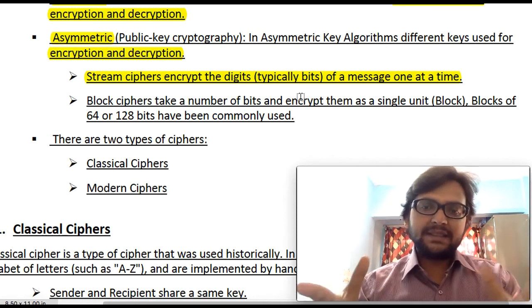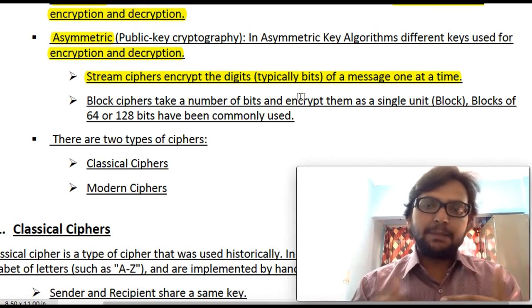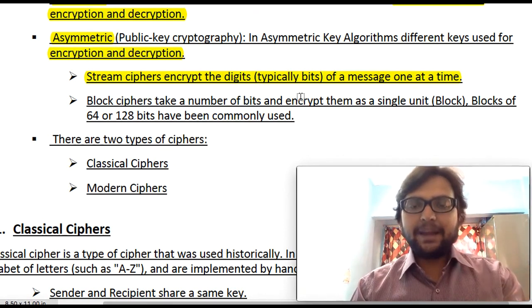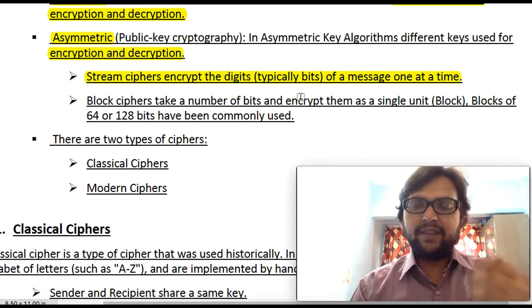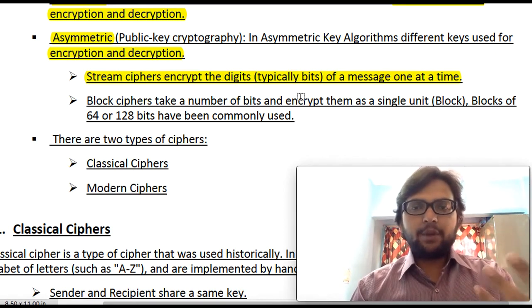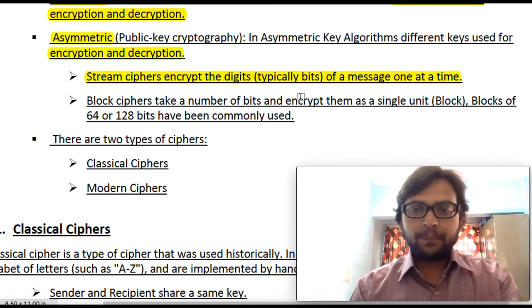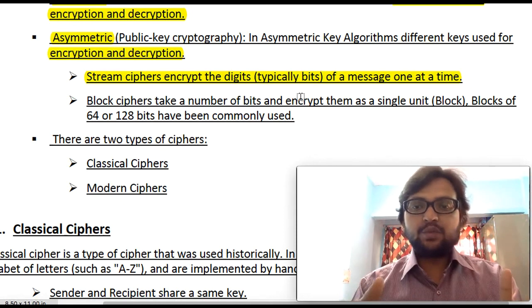The whole message does not get encrypted at once, but we encrypt our message in this stream pattern. For example, when we are broadcasting some match or some video, at that point of time, we don't have the whole video present at once with us.